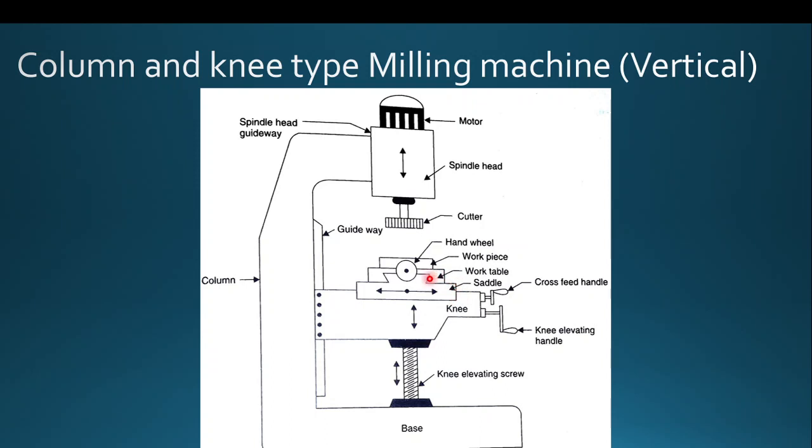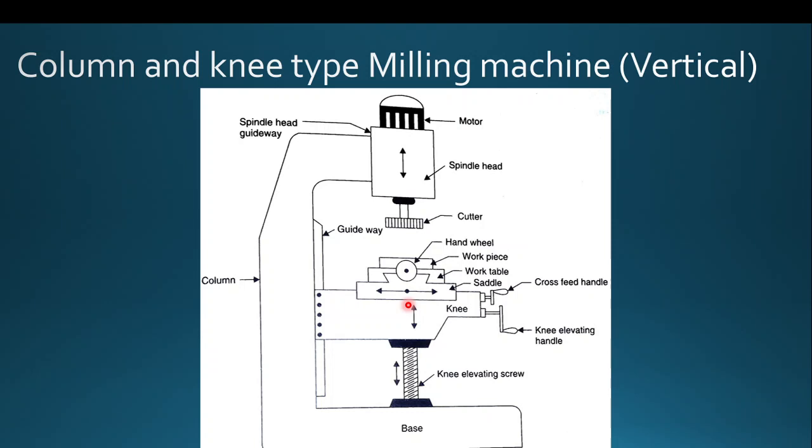And above that, in a dovetail guide way, we have the work table. Above the work table, we have the workpiece fitted with the work holding devices. So by using various attachments, we can move the workpiece in the required direction and perform the milling operation. So this is nothing but the column and knee type milling machine of vertical spindle.